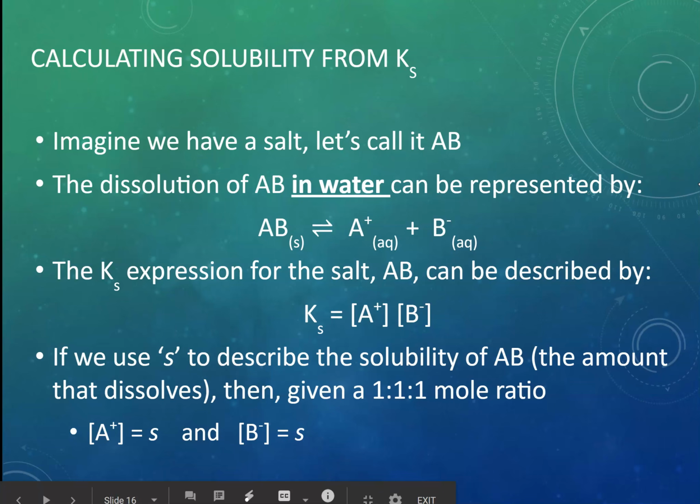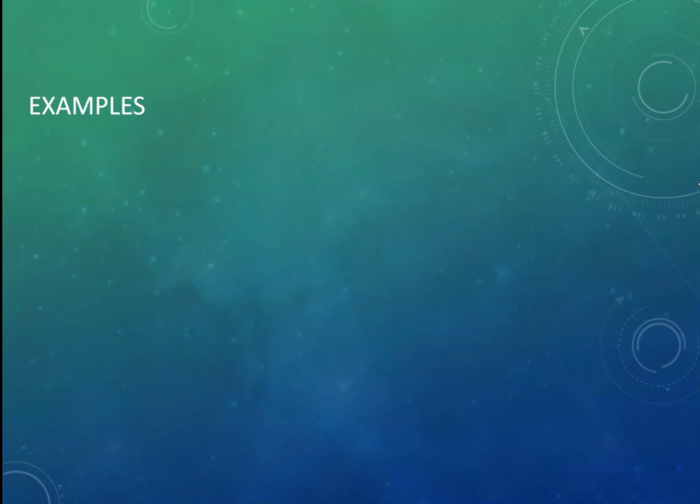So if we know that the concentration of A plus is S, because that's how much of AB dissolved, and the concentration of B minus is S, then we can put those numbers straight in and say that actually Ks is equal to S squared, or S is equal to the square root of Ks. Now, because Ks is a constant, we'll usually be provided with that piece of information, and so we can go ahead and use it.